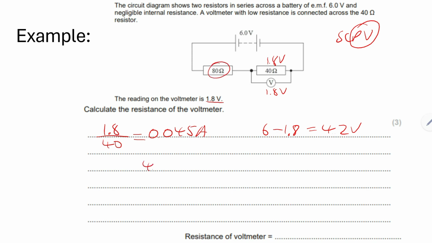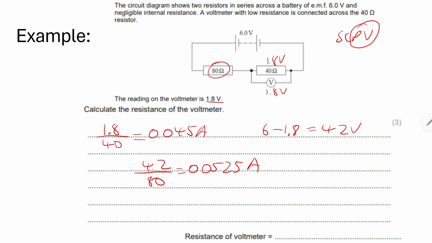So we do 4.2 divided by 80, and when we do that we get 0.0525 amps.